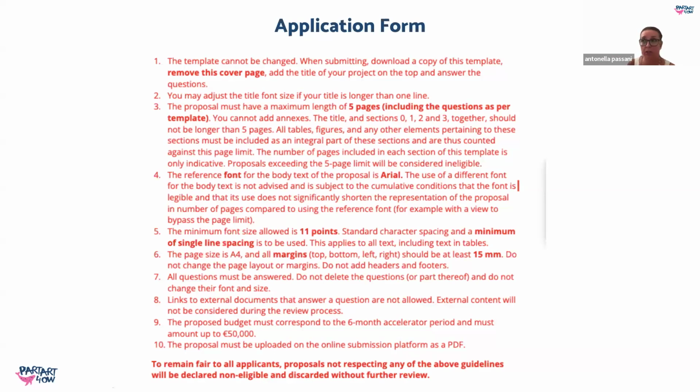So we will not consider eligible proposals that, for example, are longer than 5 pages, or that write in 9 minimal font size in order to have more space for describing the project. For the application form, rules need to be respected. Otherwise, your project will not be considered eligible for the review stage.